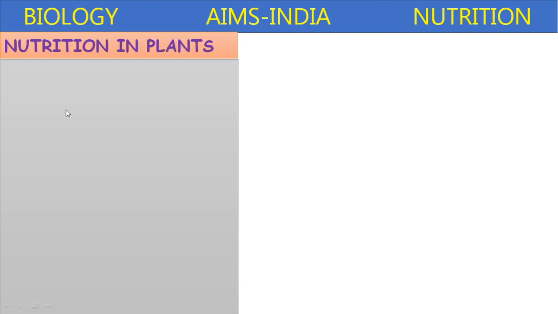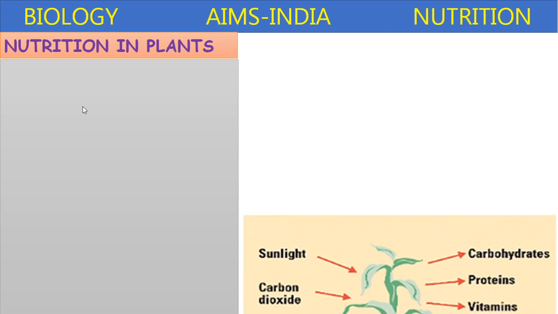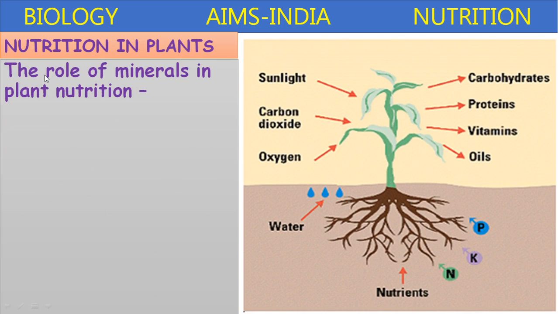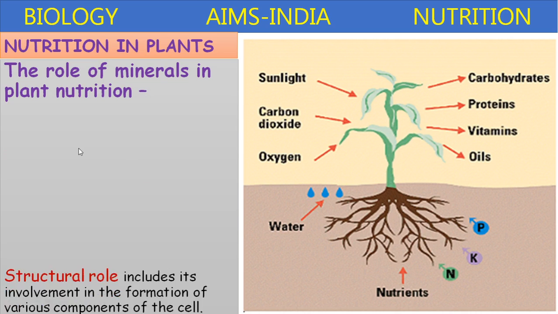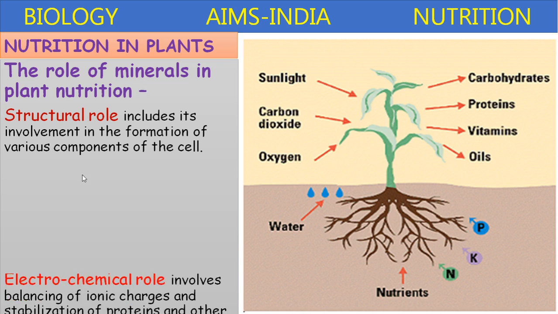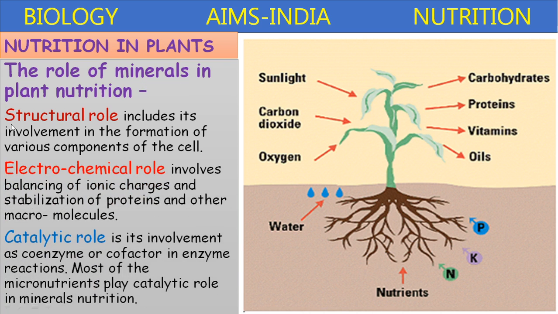Next, some important minerals, their functions and their deficiency. The role of minerals in plant nutrition. Minerals play three important roles in plant nutrition. The first role, structural role, includes involvement in the formation of various components of the cell. Next, electrochemical role.